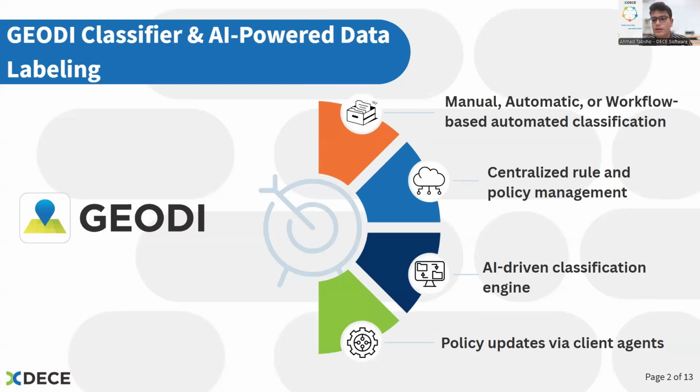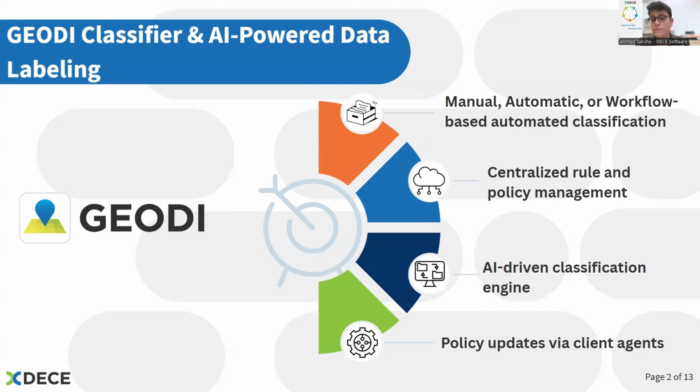First of all, the modes of classification: manual classification, automatic classification, and hybrid classification, which includes both manual and automatic classification, and centralized rule and policy management, which is super important because you will be able to directly modify the rules and the policies from the center, from the GeoD server. And these policies and rules will be directly updated on the agents in 10 minutes.